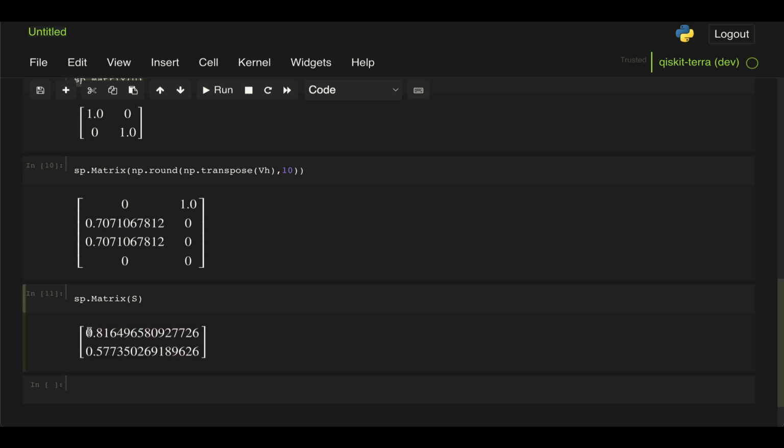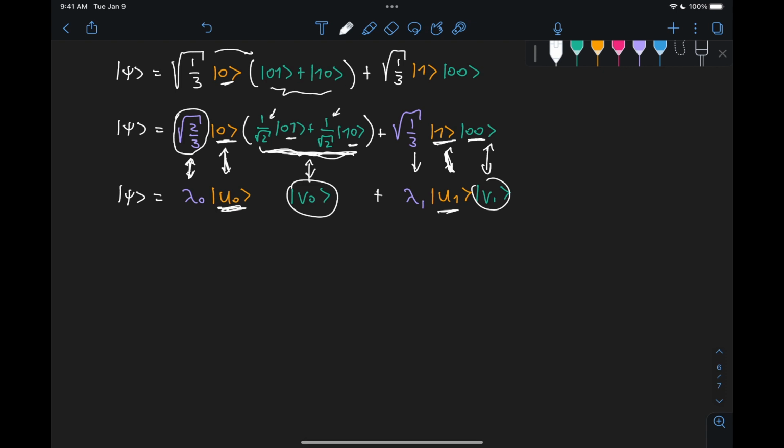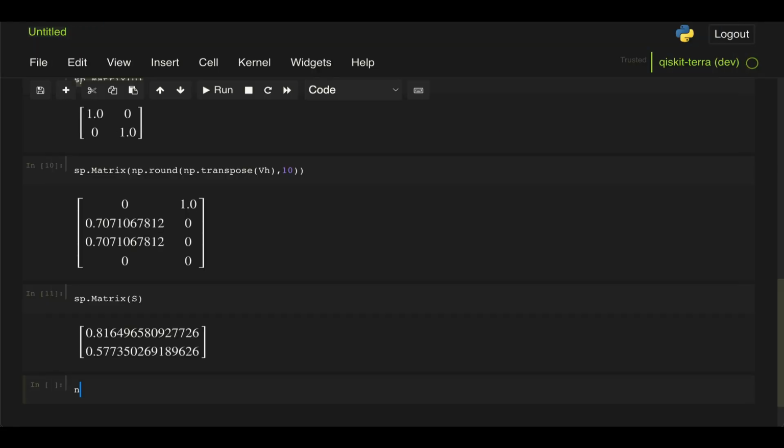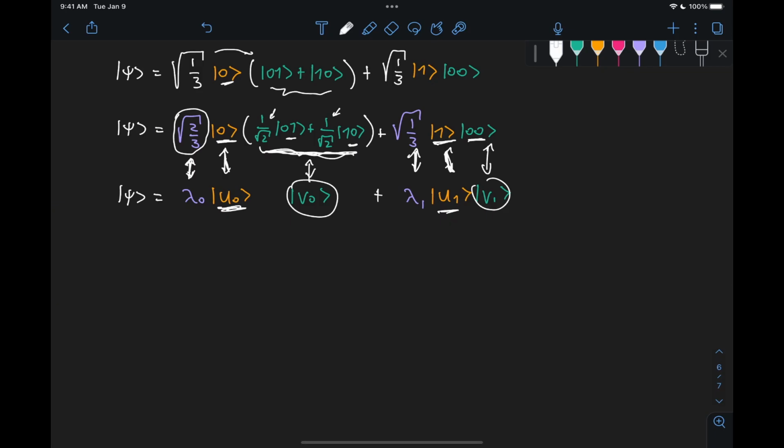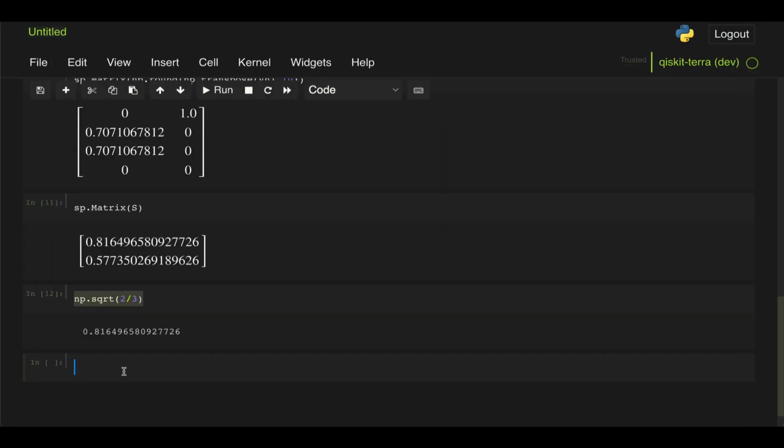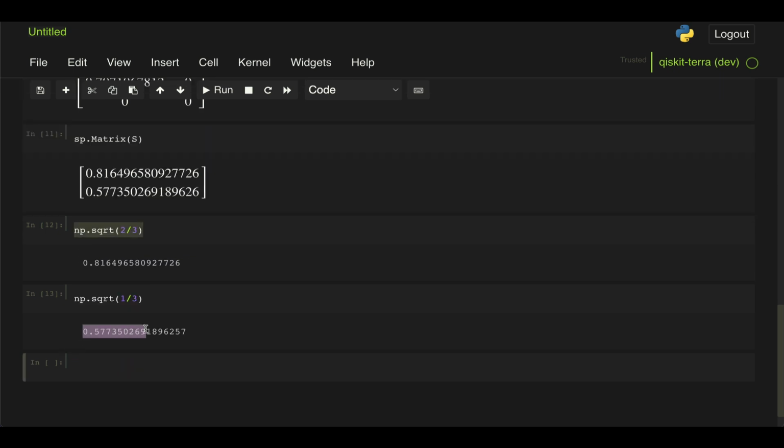And this 0.81 is our lambda 0, which should be square root of 2 over 3. So if we take numpy square root of 2 over 3, we get 0.81. And then our lambda 1 is supposed to be square root of 1 over 3, which if we do that here, we can see is equal to 0.577, which is what we get here.